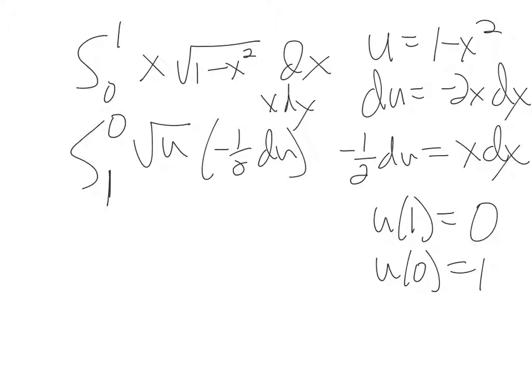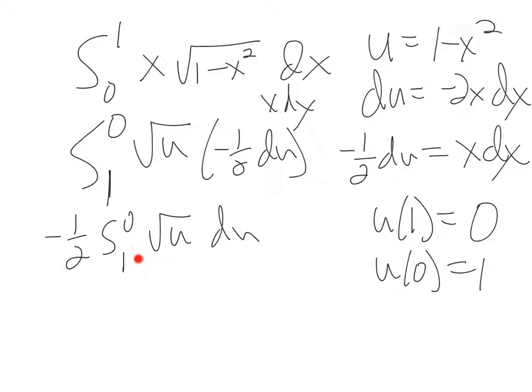So what are some things we can do to clean this up? Well, the negative 1/2 is a constant, and because it's a constant, I can bring it in front of the integral. So negative 1/2 times the integral from 1 to 0 of the square root of u du. And then, of course, let's fix these bounds because we want the lower one on the bottom.